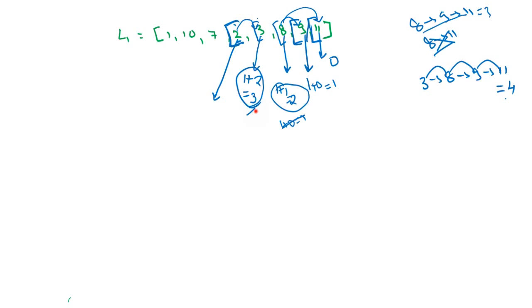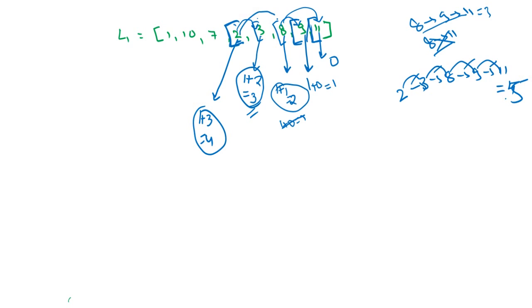There are 3 elements greater than 3, so 1 plus 3 is equal to 4. There are 4 increasing sequences, like 2, 3, 8, 9, 11, and there are 5 elements. So I will update that value.